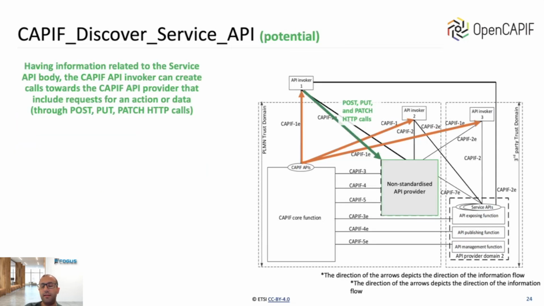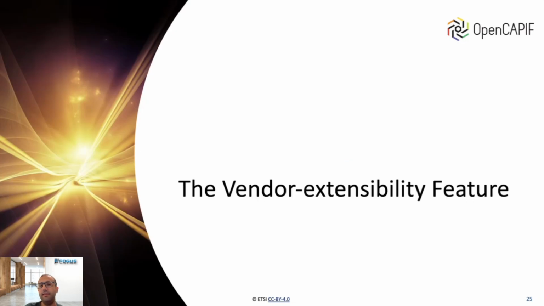So this is the idea we had, to find a way to give also that information of the body request of its API. And here is where the vendor extensibility jumps in.